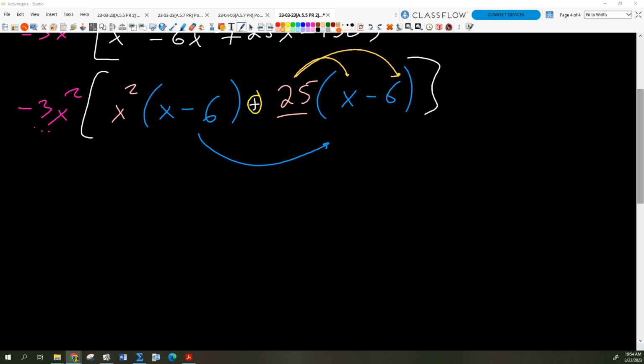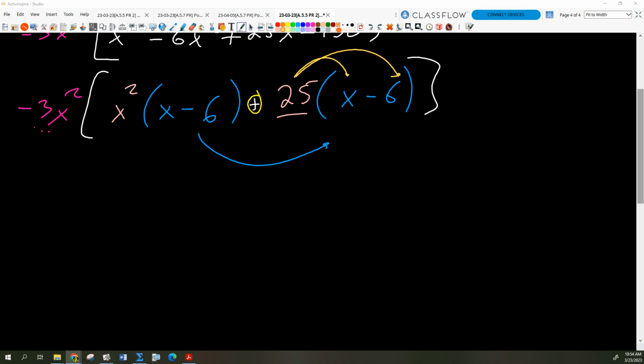In the first group, how many factors are there in this first group? Show me with your fingers, everybody. Yeah, 2, right? That one and that one. How many factors are there in the second group? 2. Okay, red one and blue one. Which one of those is common to both groups? X minus 6. That's the factor that's common to each of those two groups.